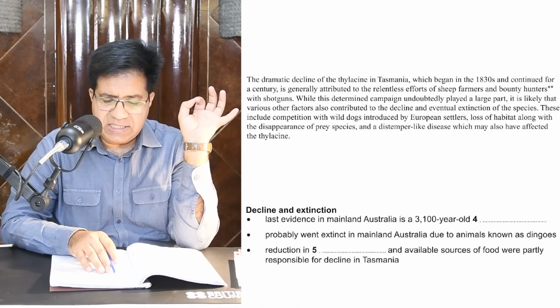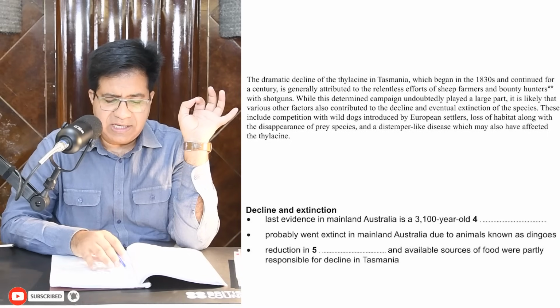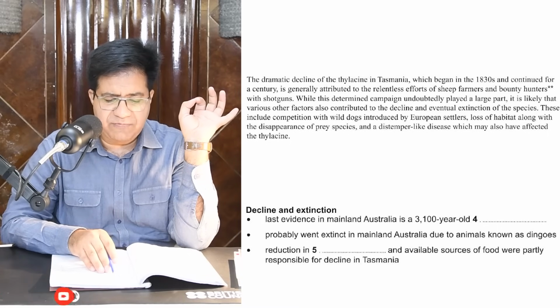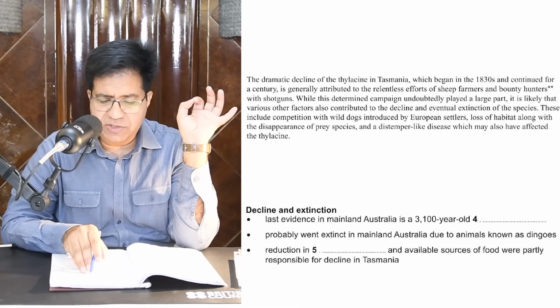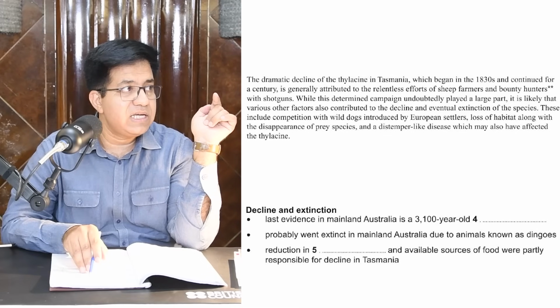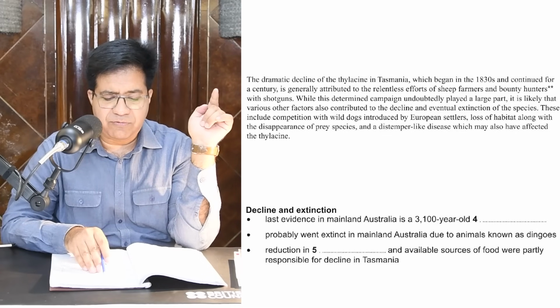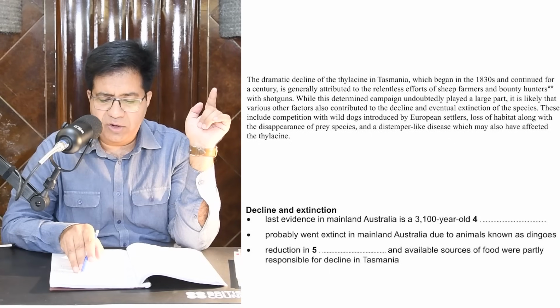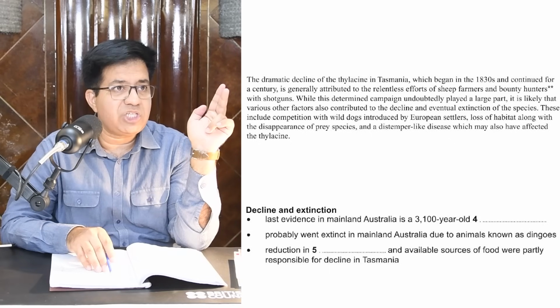Okay. Now, please come to this third last line. These include competition with wild dogs introduced by European settlers. Okay. So the reasons actually, these include means the reasons. Why did they decline? One is competition with wild dogs, then loss of habitat, along with the disappearance of prey species.